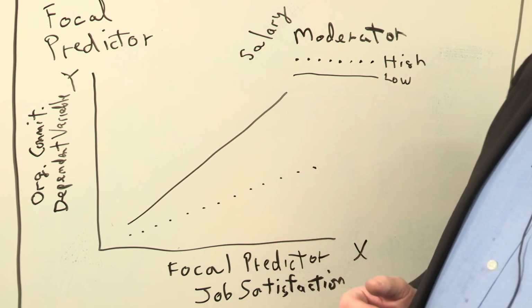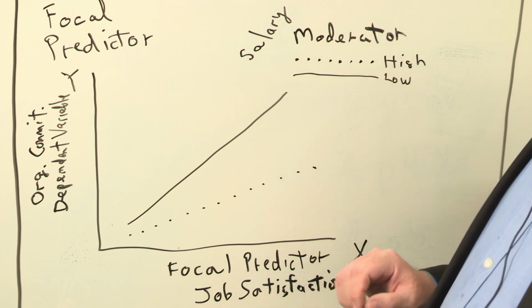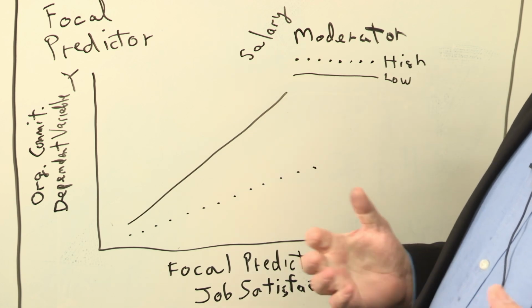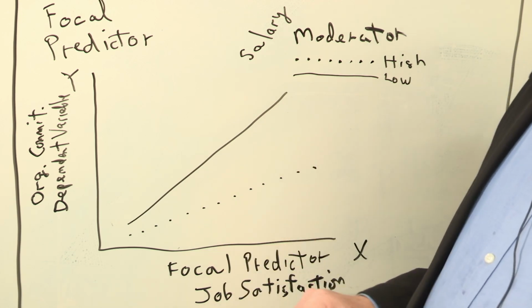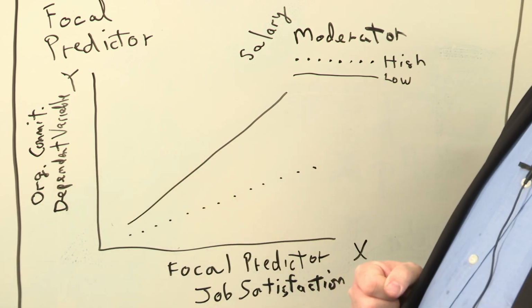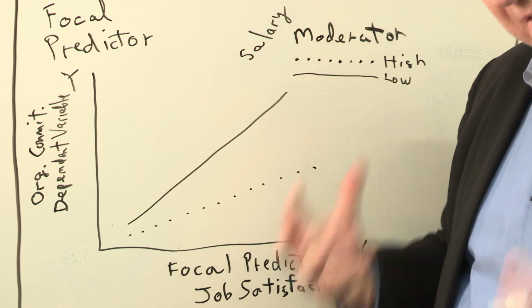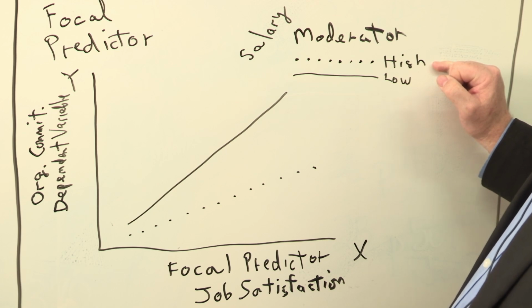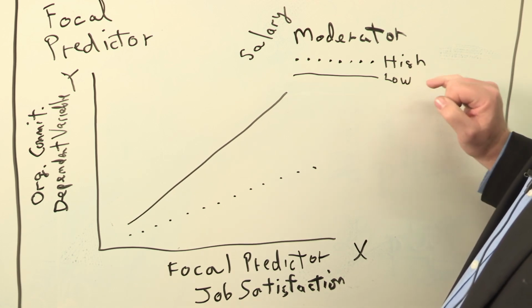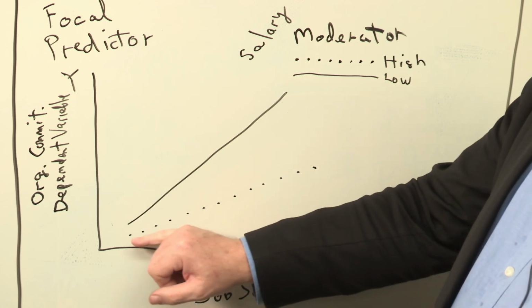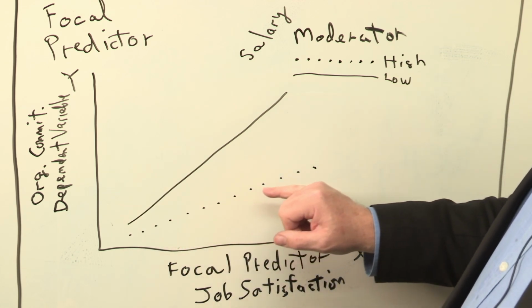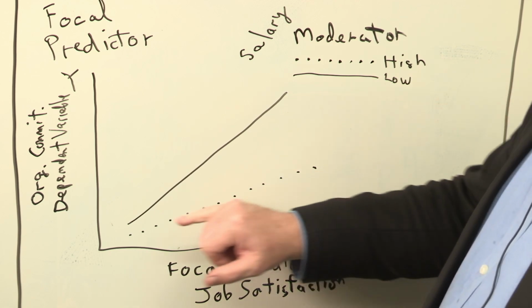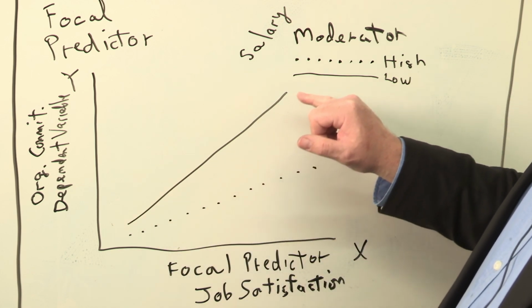However, you've gone a long way in knowing what's going on here by the fact that you have, in this example, a significant job satisfaction by salary interaction, because that's telling you that you don't have just one effect of job satisfaction on organizational commitment, but the effect you have depends on an employee's salary level, high or low. High salary appears to be a considerably weaker effect than among employees at a low salary, where the effect appears to be considerably stronger.